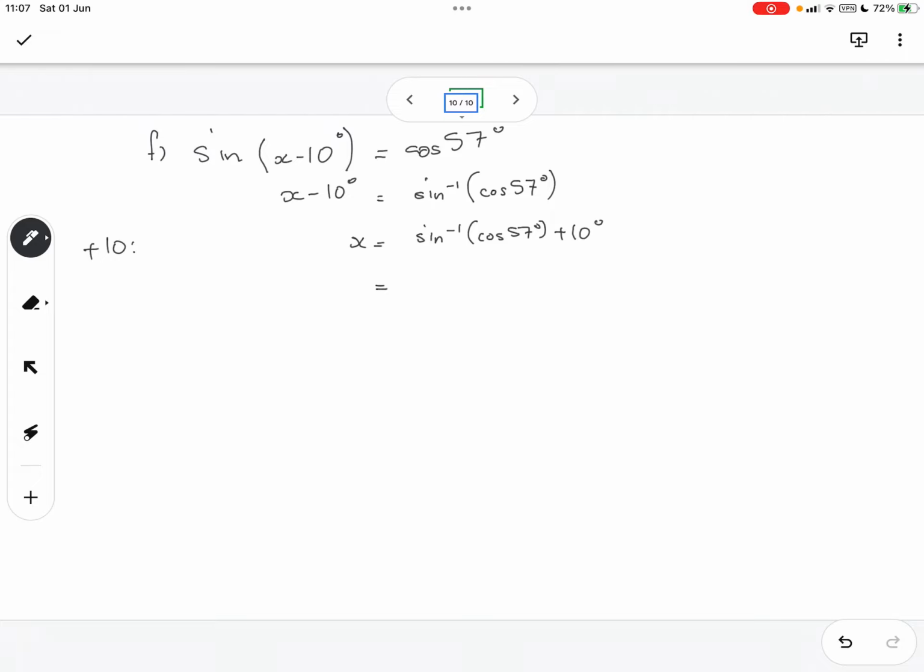I said 33. Wait, I need to do this again. So it's 57 degrees, it's 33, yeah? So it's 57 cos, and then we take the arcsine of that, which gives us 33. Then we add 10.